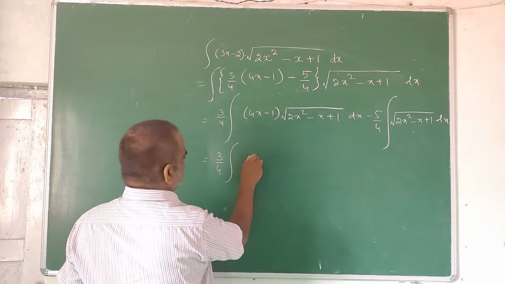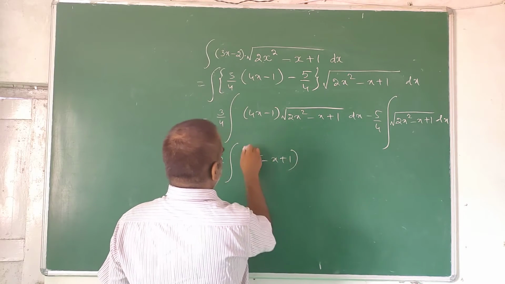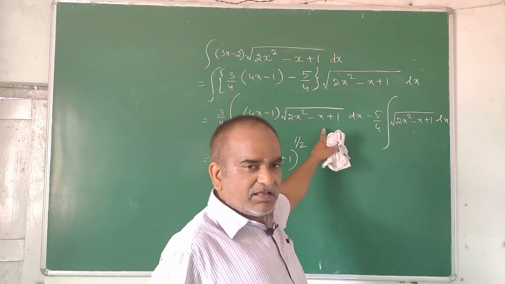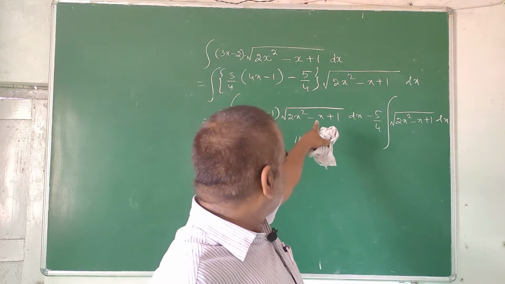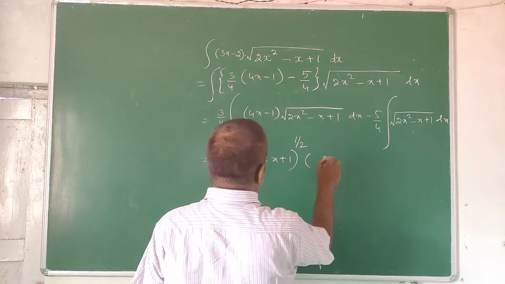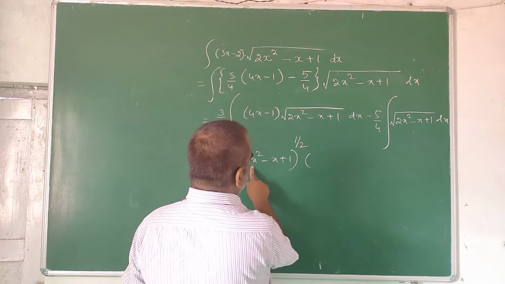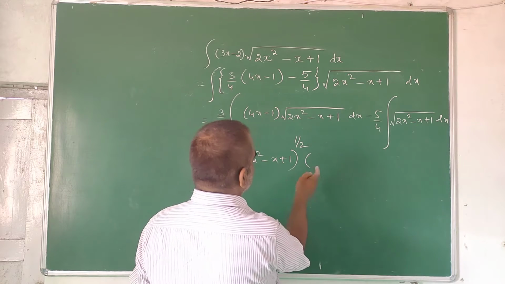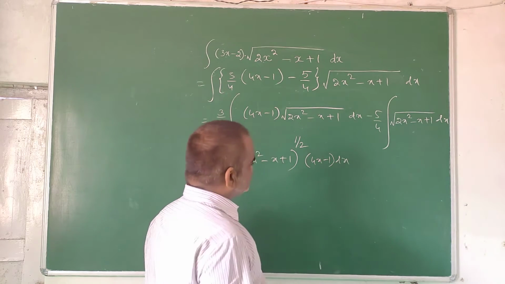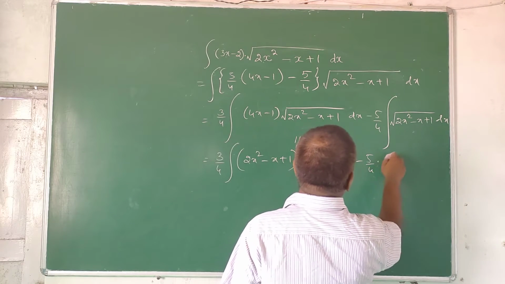Now this can be written in exponential form as 2x square minus x plus 1 whole to the power of half, into this 4x minus 1, which is nothing but the derivative of 2x square minus x plus 1. That is very clear for you. Minus 5 by 4 into, say this is I1.